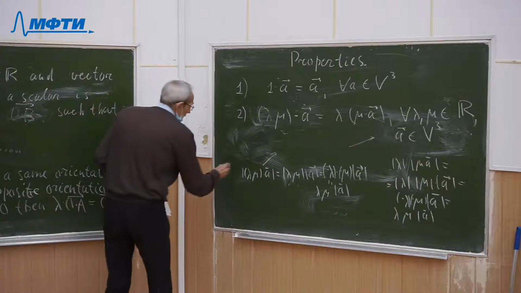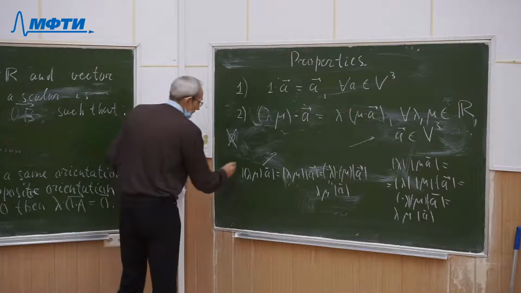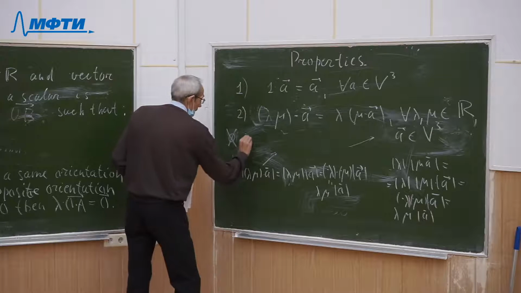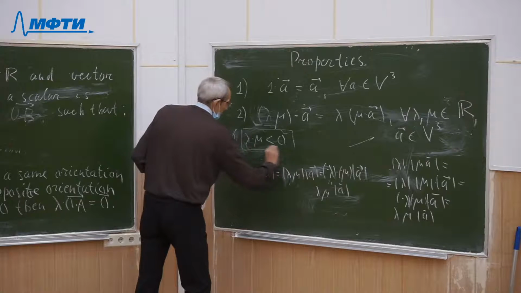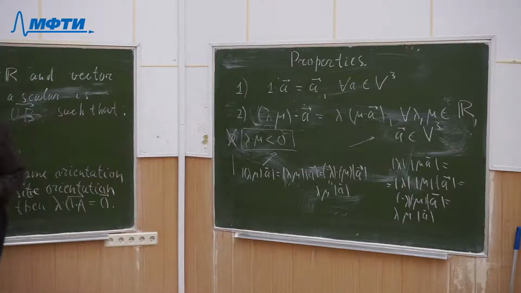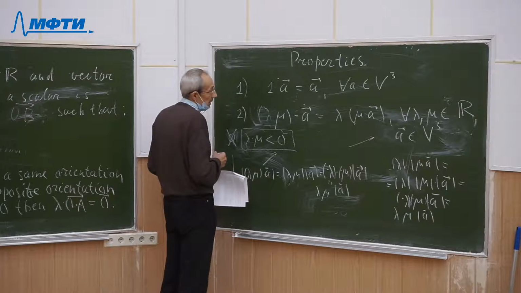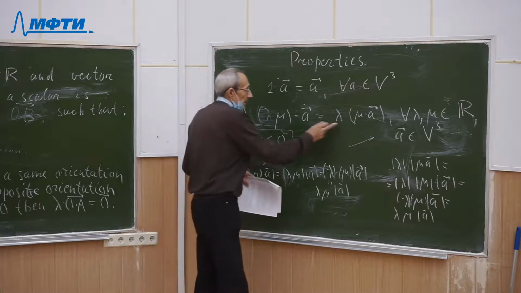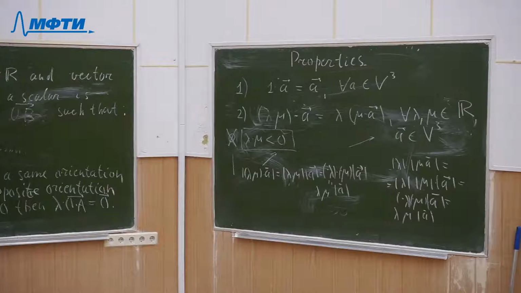I suggest you consider this case as an exercise. The case when the product lambda and mu is negative. The case when one of these numbers is equal to 0 is simple. In the left and right side we obtain the 0 vectors in this simple case.